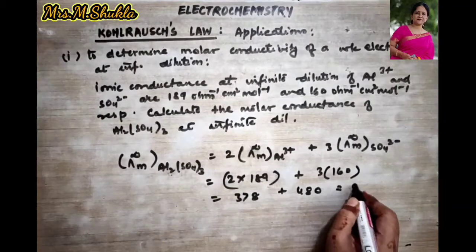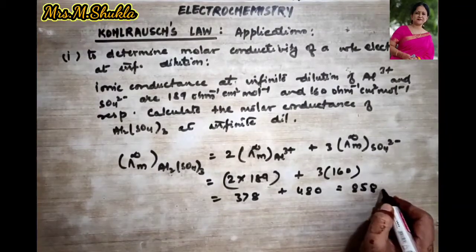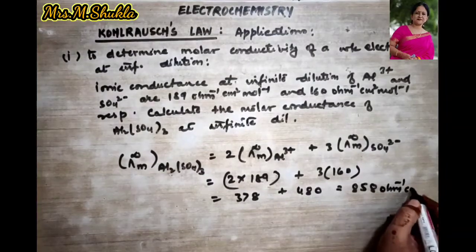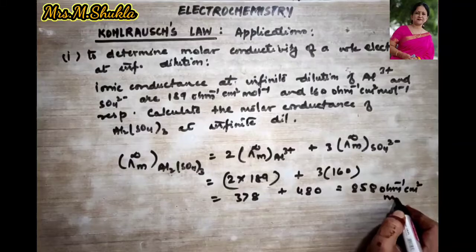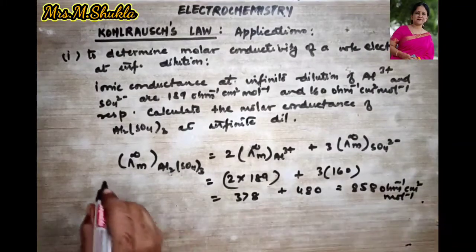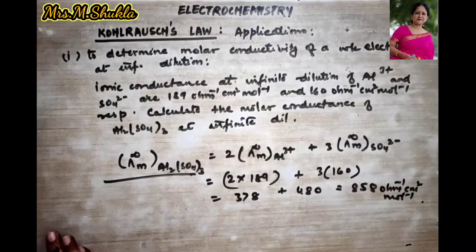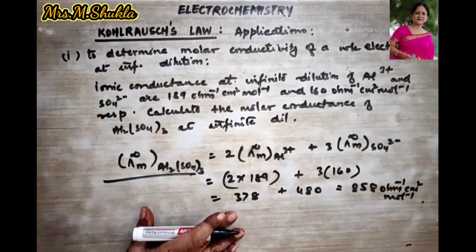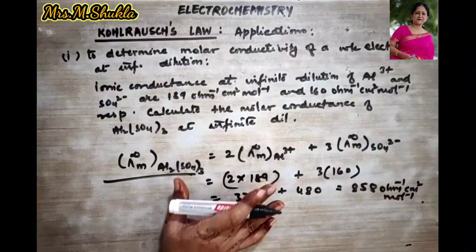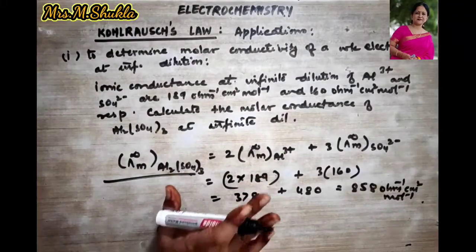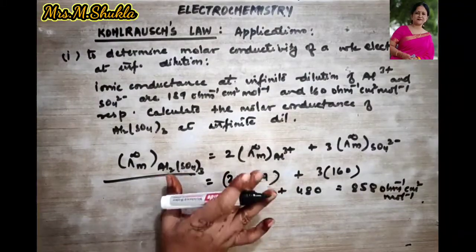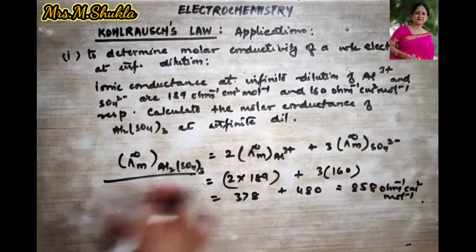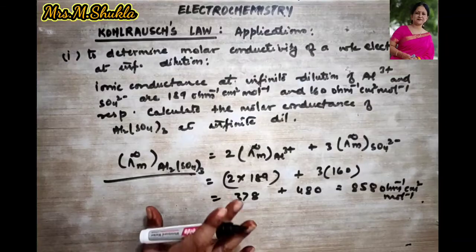This gives us 858 per ohm centimeter square per mole. This is the molar conductance of aluminium sulfate at infinite dilution. So this is possible when the conductance of the ionizable cation and anion are both given to you at infinite dilution. Then we directly use this method. Clear?